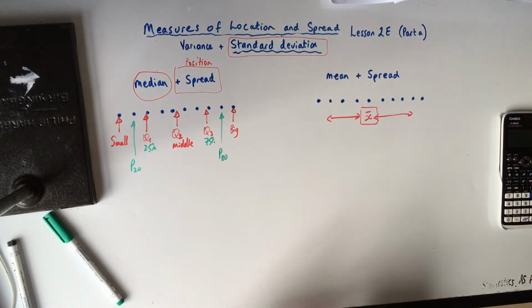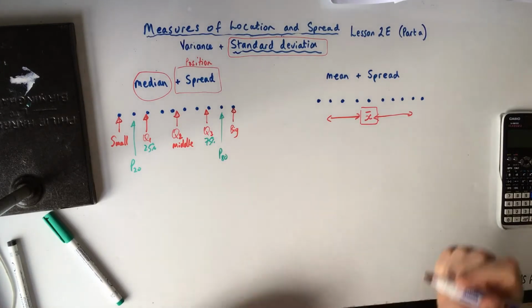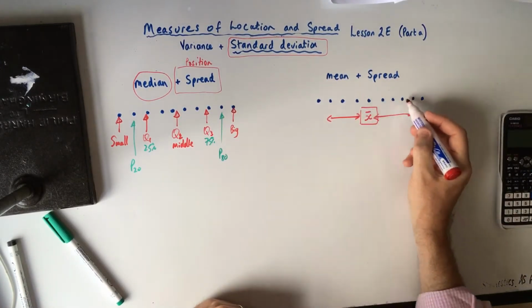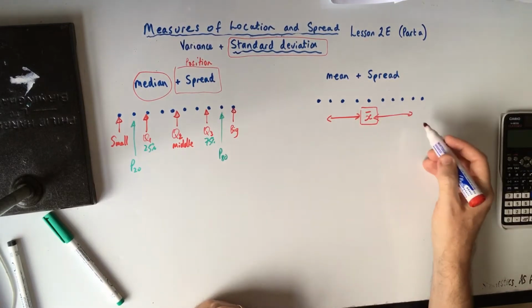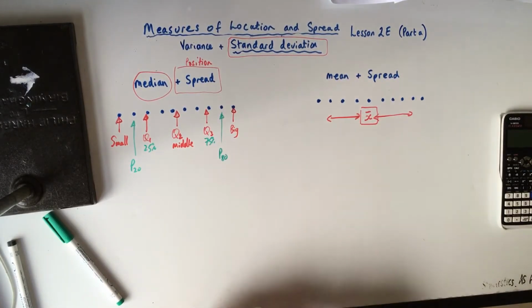The bigger the number, the more spread out the data is. You usually find that most of the data is about one standard deviation away from the mean. We'll look at that in a minute.